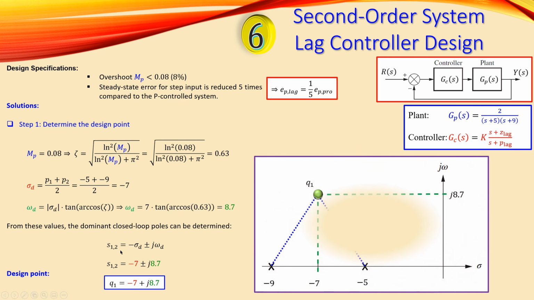What we have is the design point Q1, which has a real part -7 and an imaginary part of 8.7, and we have the two real poles, which are -5 and -9. These two poles will have a phase contribution that we will need to satisfy our root locus equation for the angle criterion. We will see that shortly.